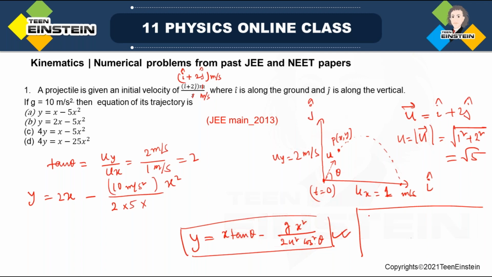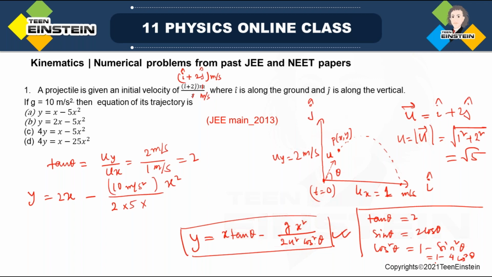So we know that tan theta is 2, we have already found out. So sin theta is equal to 2 cos theta, right? Now what is cos square theta? Cos square theta means 1 minus sin square theta, which I can write as 1 minus 4 cos square theta.